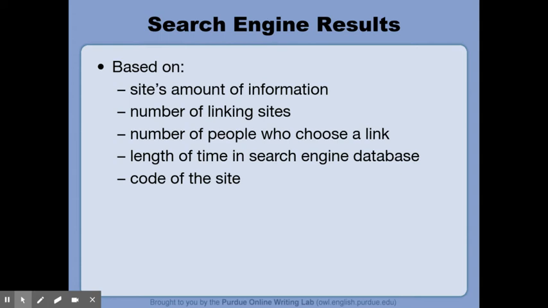Search engine results are based on the site's amount of information, the number of linking sites, the number of people who choose a link, so the popularity, length of time in the search engine database, and the code of the site. The way a search engine filters and presents results can be beneficial, but we still have to closely evaluate resources.